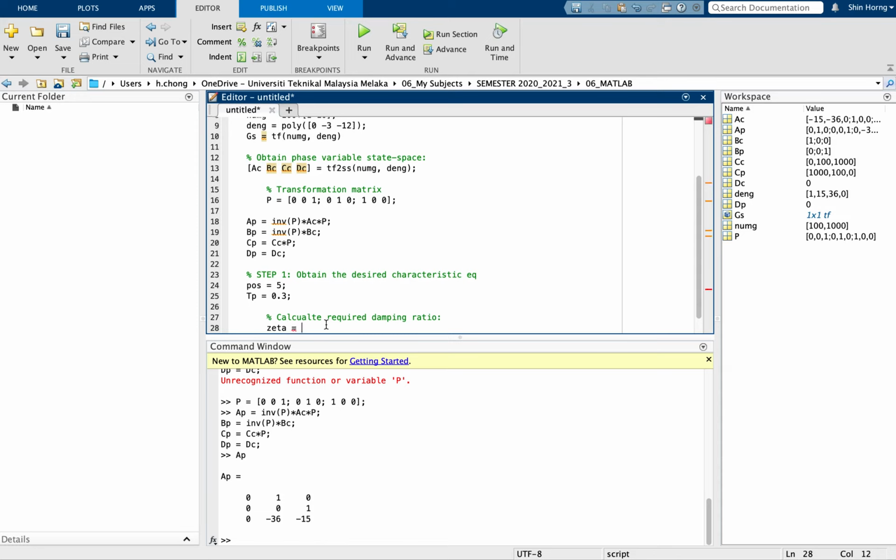The formula to get zeta has on top negative log, which is the percent overshoot over 100, divided by the square root of pi squared plus ln squared of the percent overshoot over 100.